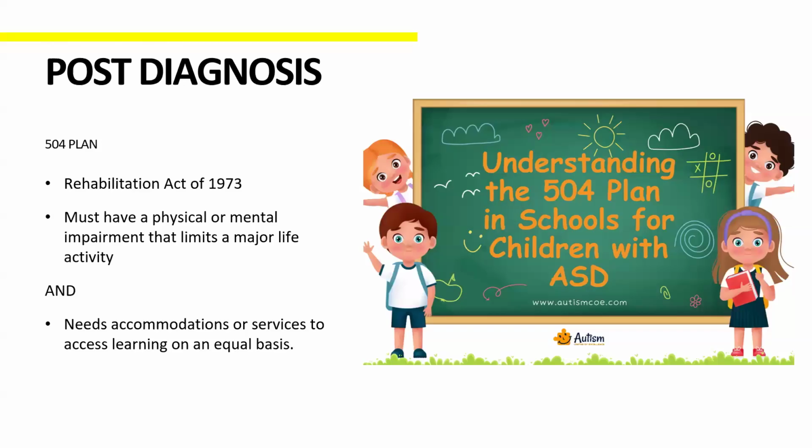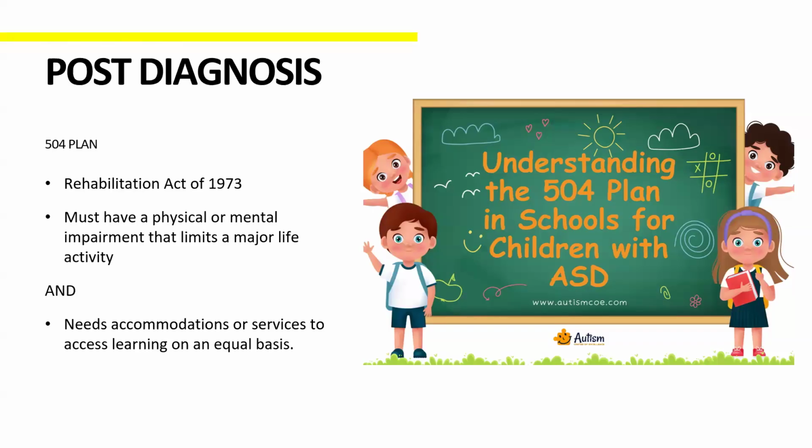While an IEP might not be an option for everyone, there is another way to support a learner in the classroom, and that's with a 504 plan. The 504 plan is protected under Section 504 of the Rehabilitation Act of 1973.